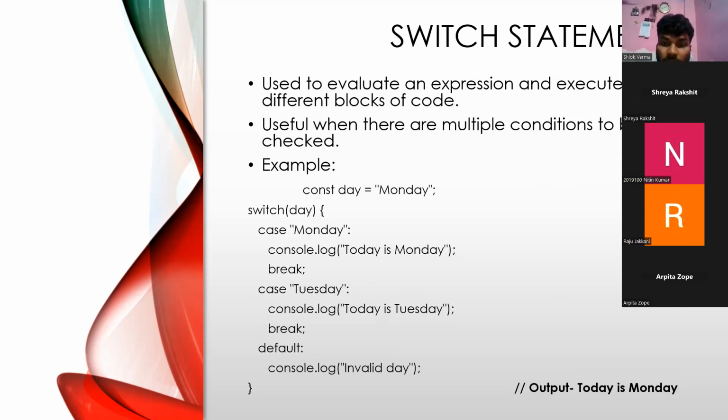So here is an example. We want to check the day, so we'll use the switch case. We have a variable day, the value is Monday, and we have created some conditions for Monday, Tuesday, and default. If a condition is matched, then we will get our output, that is Monday.